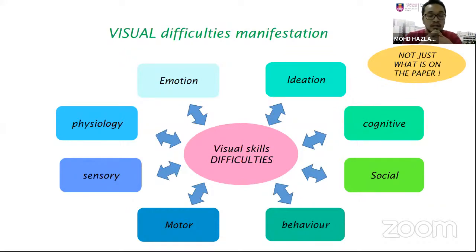For example, the parents might say that the child is always crying, the child has poor self-regulation, especially when doing academic tasks, or the child might have ideation problems: when they learn about something related to visual perception, they cannot come up with any idea how to start a movement that requires visual perception skills.